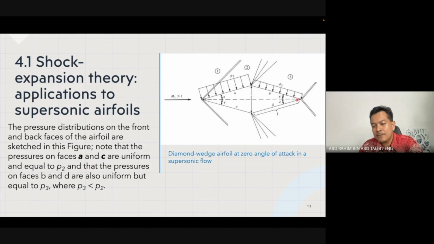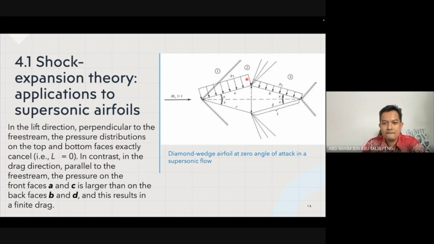P3 over there, and P3 is also experienced on the bottom side over here on the D surface, right? We also must take note that P3 values are less than P2 values.